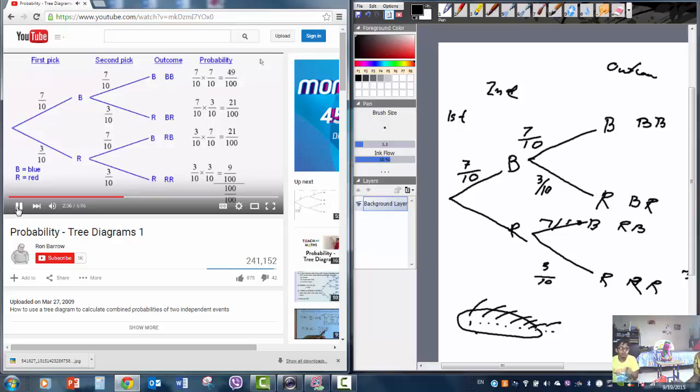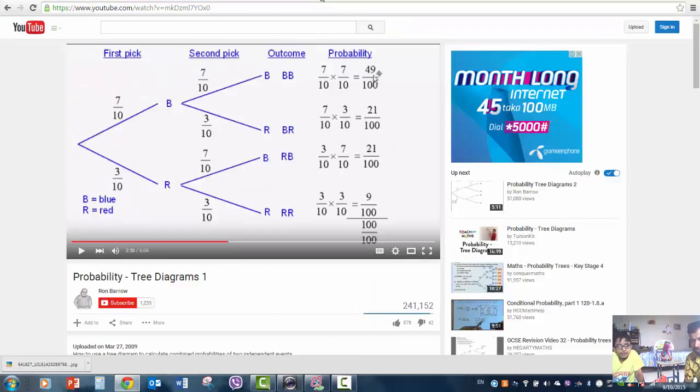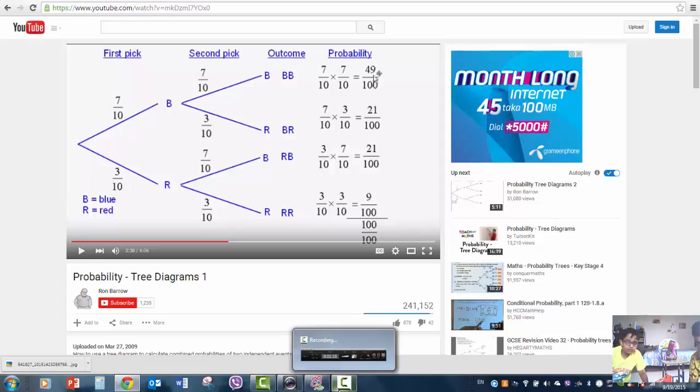Now it's always a good idea to do a check here. Practically, the blue balls have a greater chance.